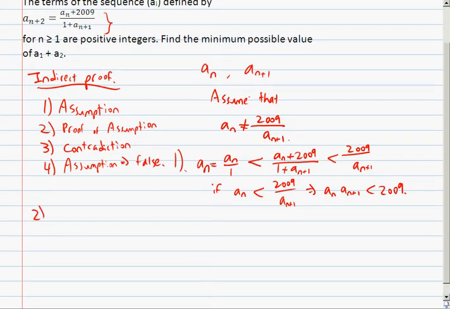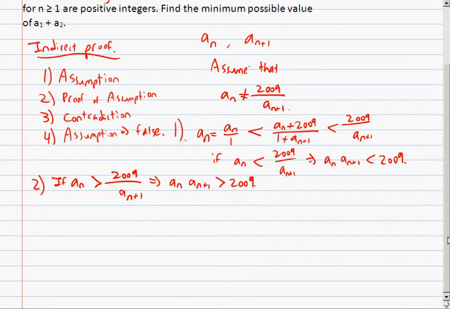A second possibility that we can look at is if a sub n is greater than 2009 over a sub n plus 1, or a sub n times a sub n plus 1 is greater than 2009.